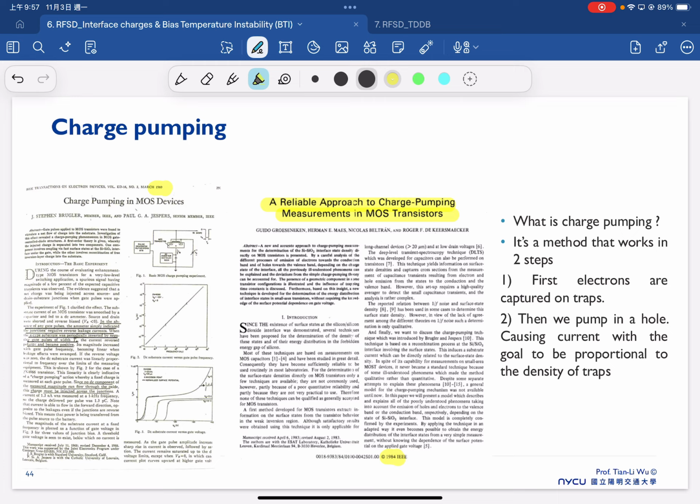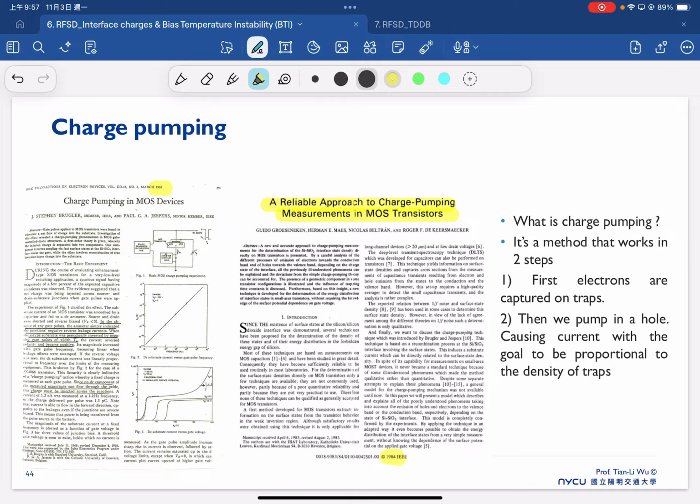Actually that's his PhD work, when he was still a student. So you can see that this is very old but very classical, and with time passing by, people started to feel that charge pumping is one of the most effective ways to detect the interface state density.